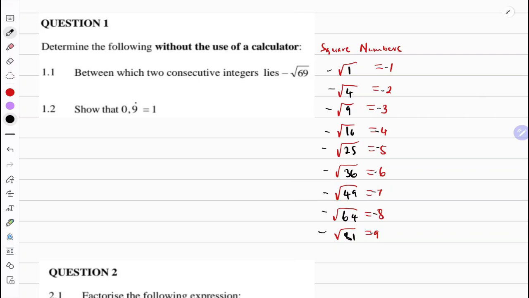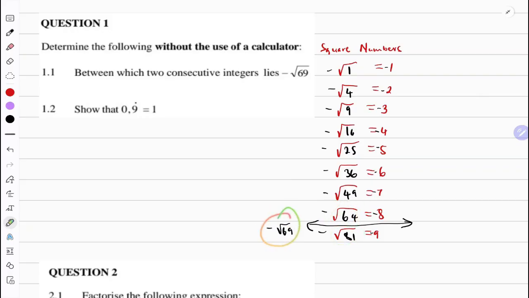So when analyzing these radicals, we can see that the square root of negative 69 lies between these two. So minus square root of 69 is between minus square root of 64 and minus square root of 81.